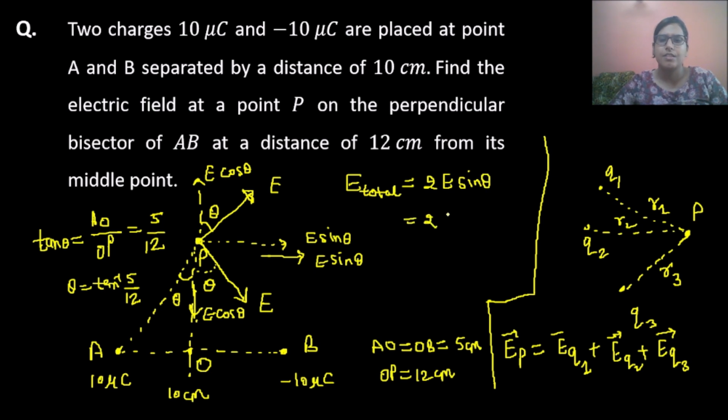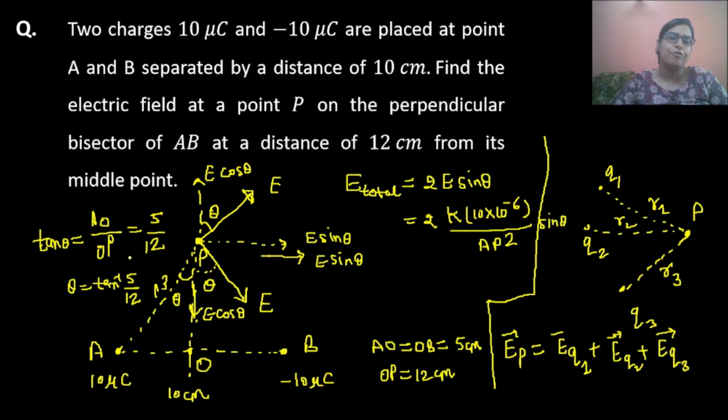Here E is K into Q, that is 9 into 10 raised to power 9 into 10 into 10 raised to power minus 6 coulomb, upon R square. R is AP. AP we can calculate by Pythagoras theorem. If this is 5, this is 12, then this will be 13 centimeter, into sin theta.